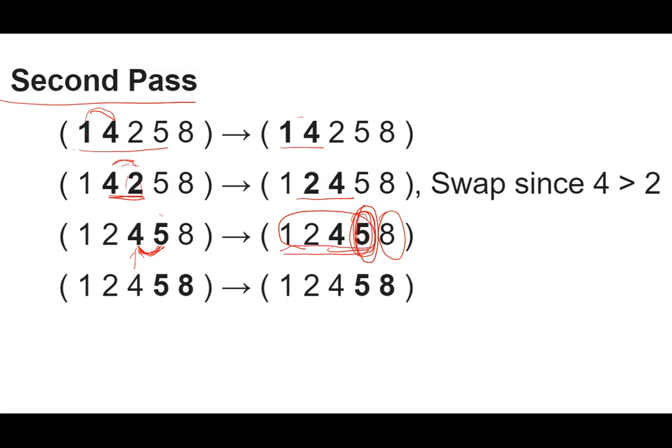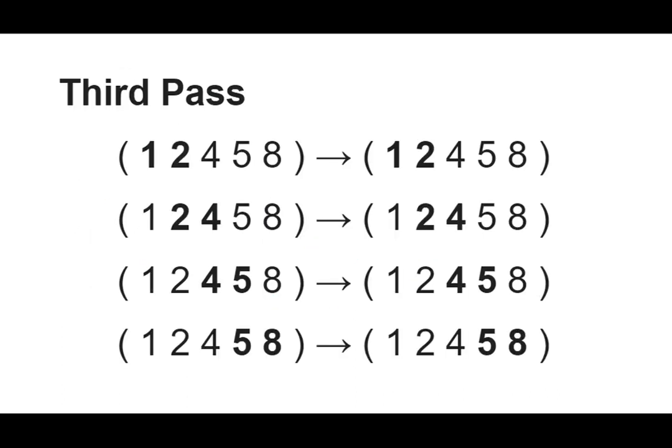So in the next pass, we will go through the three elements to find the largest element in the three elements. Because the next is larger, they are not swapped. Then we compare this, because the next is larger than or equal to the current, they are not exchanged.